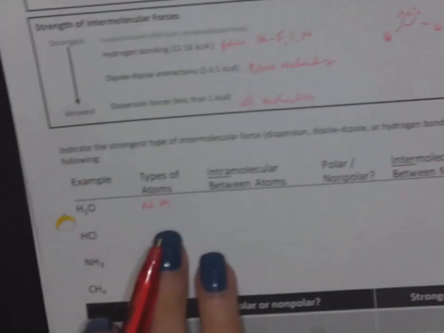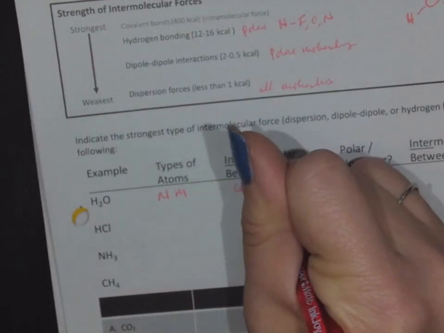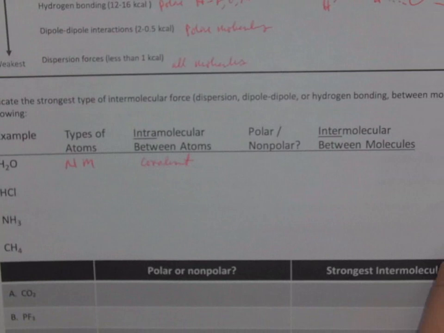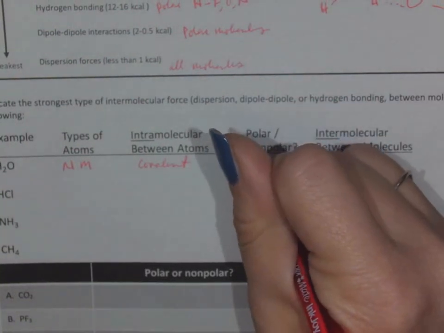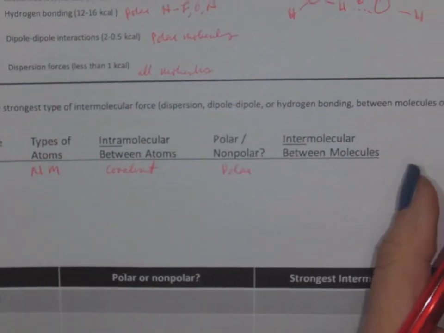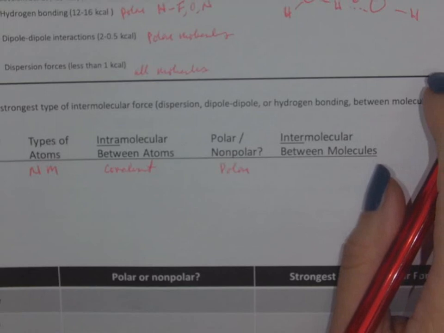Okay? So this would be covalent. And if we did that difference in electronegativity, we'd actually see that it's a polar covalent bond. Okay? Now, the entire molecule is polar. And then we have different IMFs that can occur between it.